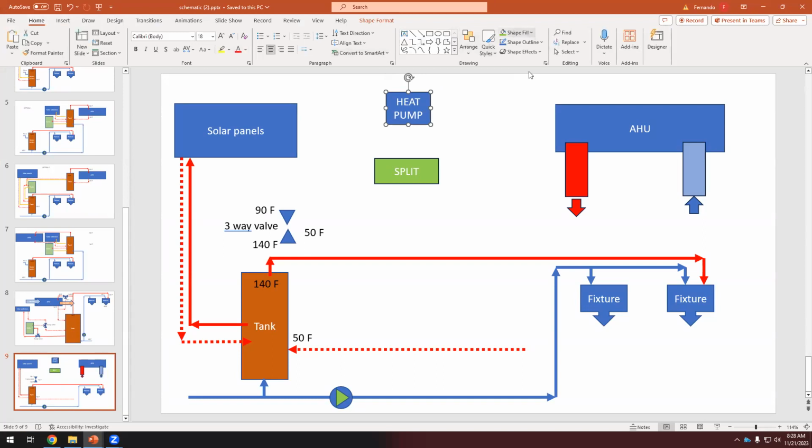Let's use this color. And there is refrigerant fluid connecting both. So we have to do this with refrigerant fluid.